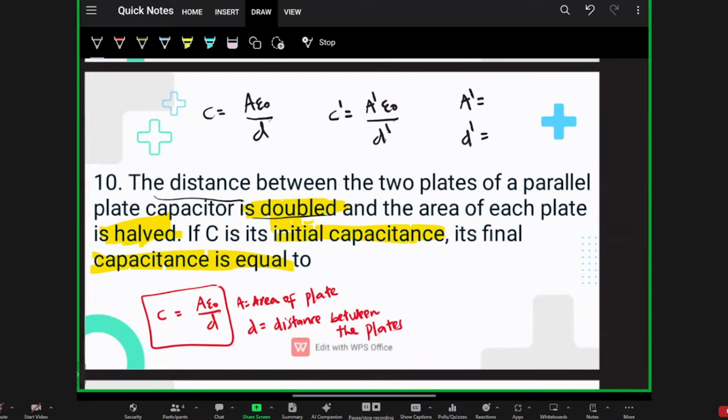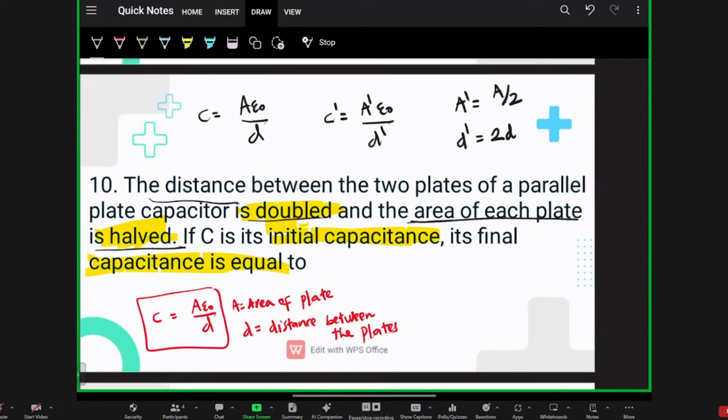Distance is doubled means D dash will be how much? 2D. And the area of each plate is halved. So A dash is A divided by 2.